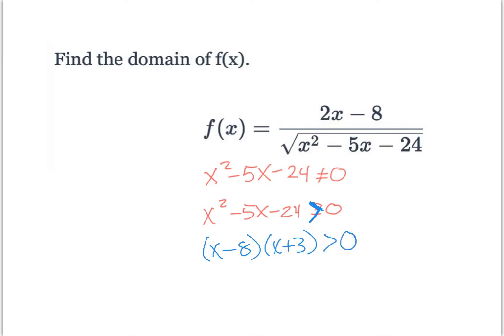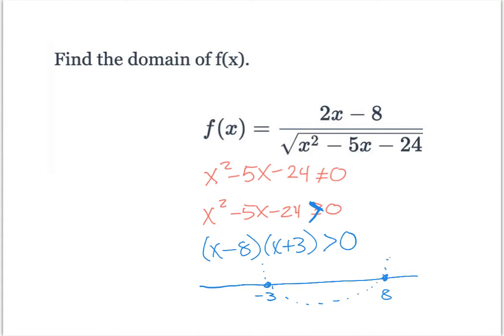And I'm going to use kind of a calculus method to think about this. I'm going to think about this graph where I have a 0 at x equals 8. I've got a 0 at x equals negative 3. This is a parabola, so the shape of this graph will look something like this.